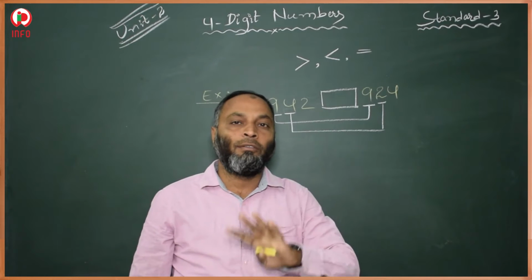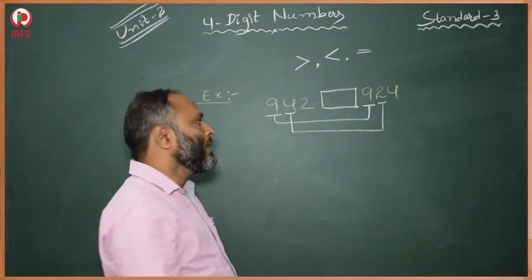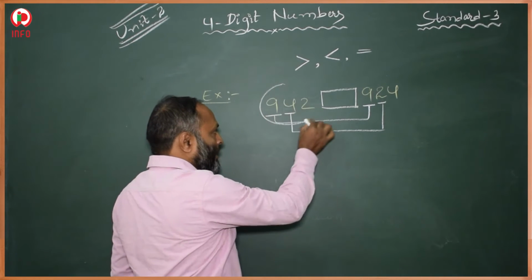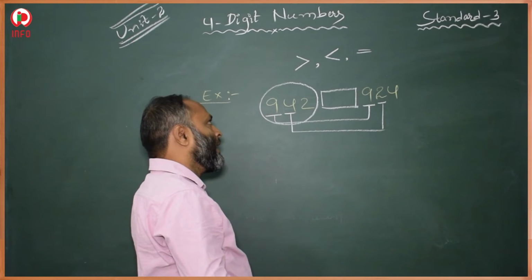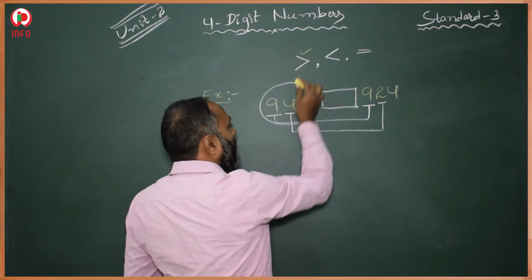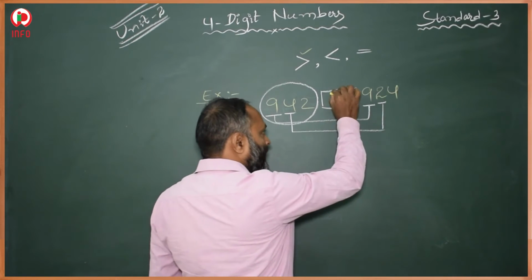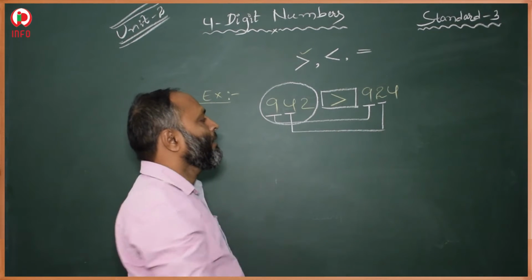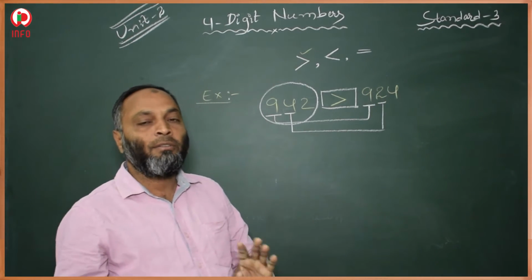In 4 and 2, which one is bigger? 4 is the larger number. It means this is the larger number, so we have to use this symbol. 942 is greater than 924. Like this we have to compare.